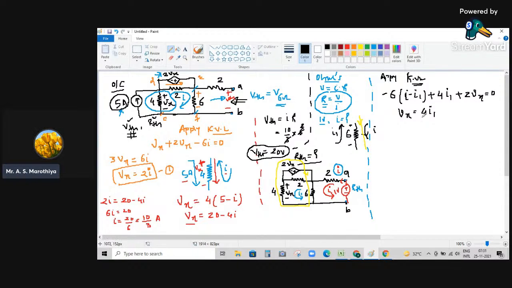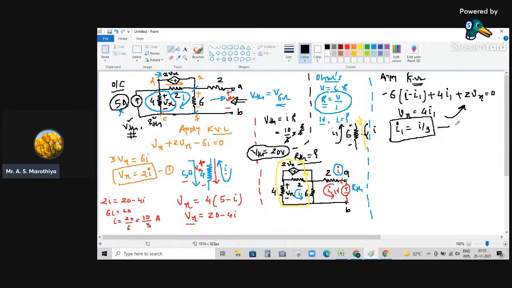If you replace Vx with 4 times I1 in this equation and solve it for I and I1, you will get the relationship between I1 and I: I1 is equal to I by 3. Take pen and paper and try to solve this. You will get this equation as an output, that is, I1 is equal to I by 3.